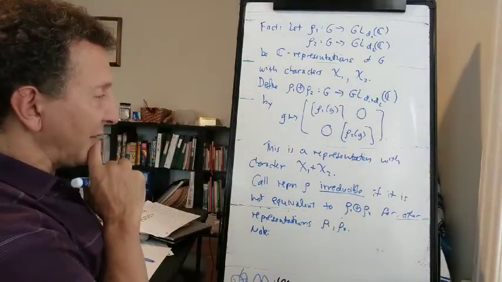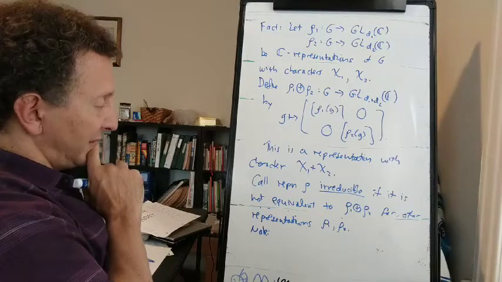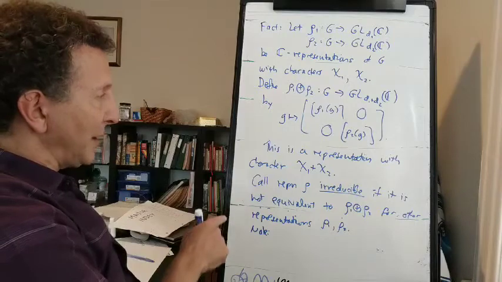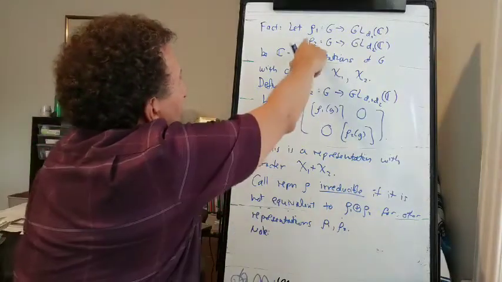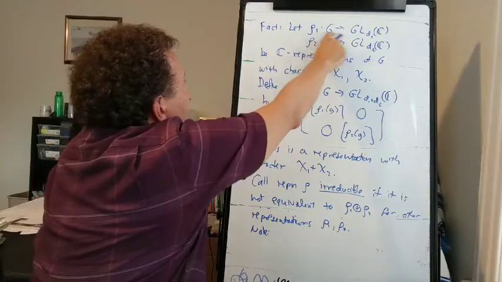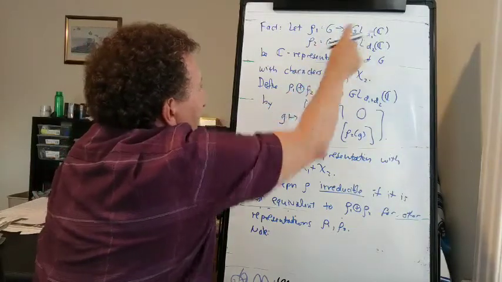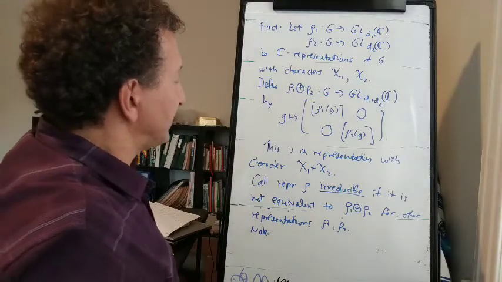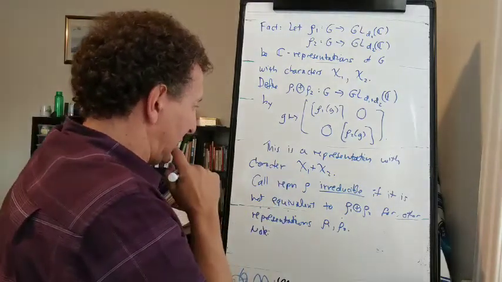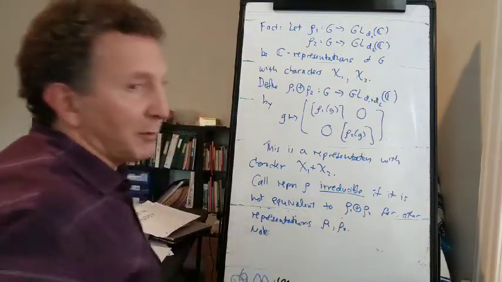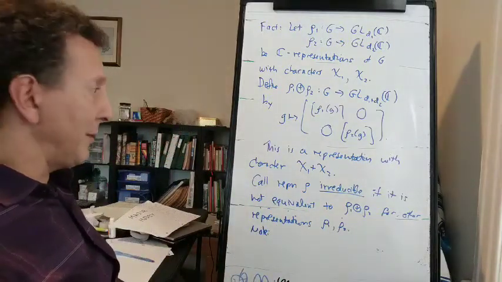And while I'm stating this definition, it's reasonable to note right now that if we have a one-dimensional representation, so if row 1 is a homomorphism from G to GL1 of C, which is basically all complex numbers except for 0, so 1 by 1 matrices, that couldn't possibly be a direct sum of smaller matrices because it's a 1 by 1 matrix already.